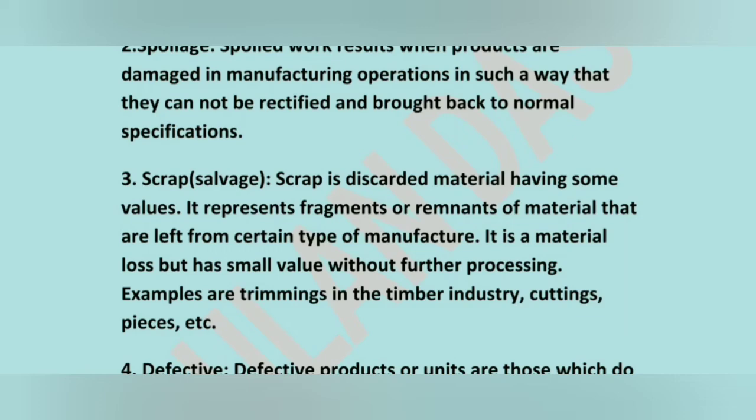So what did we do? We remove that damaged cloth from the process. That is called spoilage. That means spoilage is the material damage in the processing in a way that it cannot be rectified or brought back to normal specification.